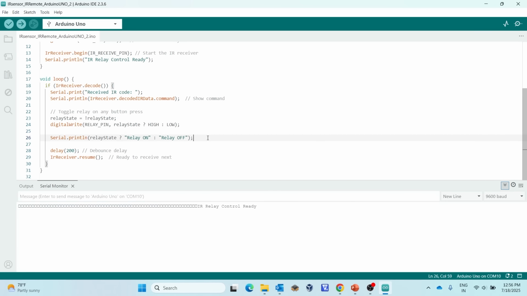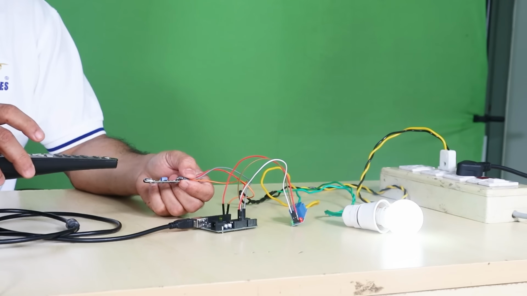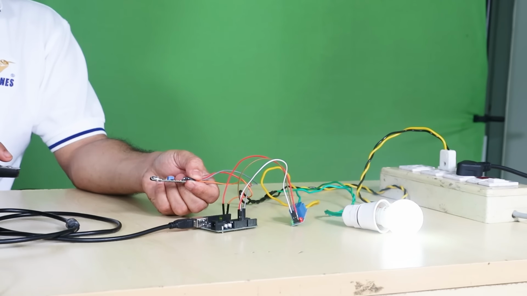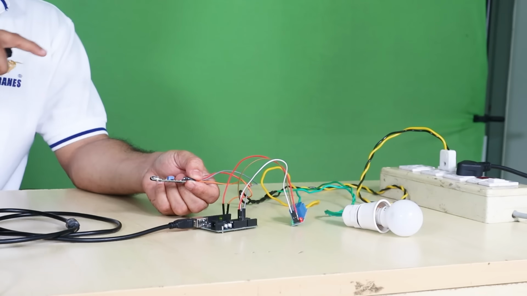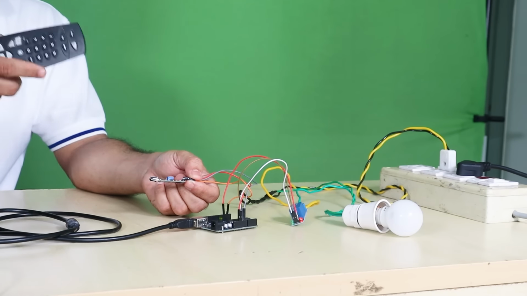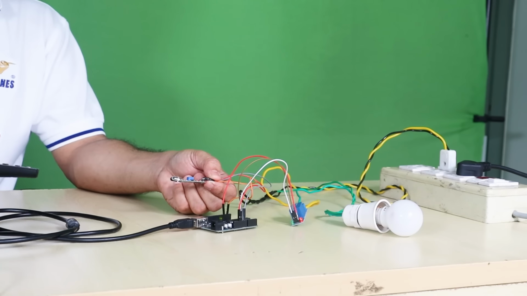You see that the serial output is relay control ready, because I have written that in the code. Now all logs will be logged here. Now I have got the remote here. I will press a key and that will pass IR data to the receiver, and you will see the light glowing. Let us see that.